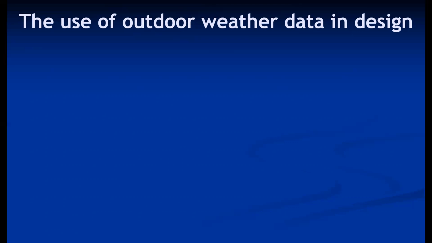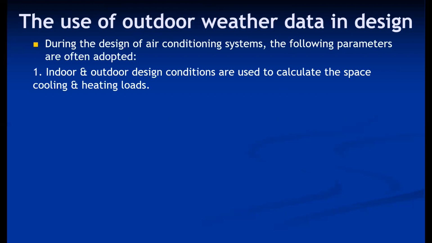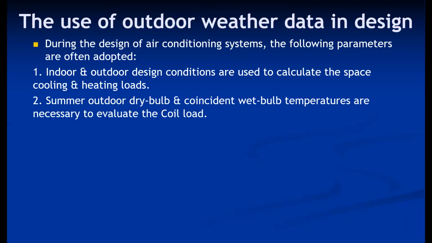So that data is very much essential. During the design of an air conditioning system, the following parameters are often adopted. Even in deciding the indoor and outdoor design conditions, outdoor data is required. It varies from place to place and region to region. Generally, it is required to calculate the space cooling load and heating load.